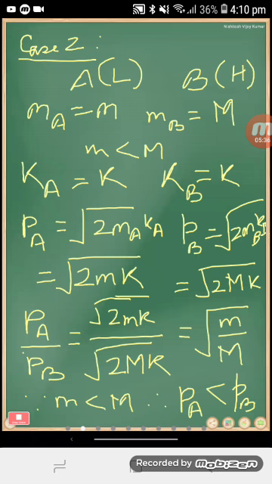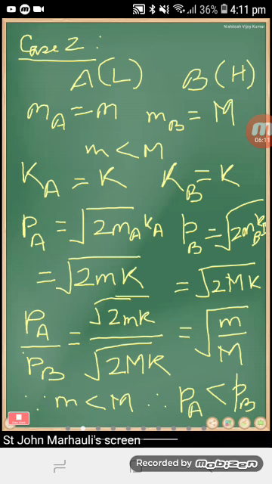So PA we get as under root 2 m K, and PB we get as under root 2 capital M into K. And finding the ratio, PA is to PB will be the square root of small m upon capital M, from which we can make out that a body with a lesser mass will have lesser momentum, and a body with a greater mass will have greater momentum, keeping the kinetic energy constant.